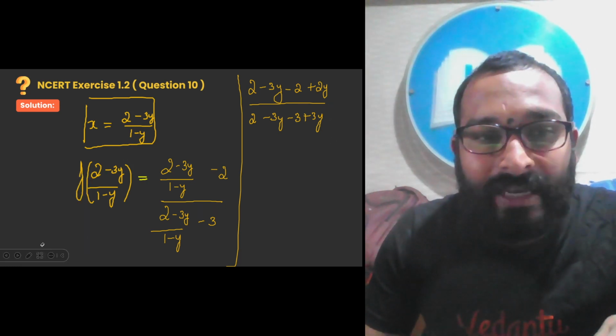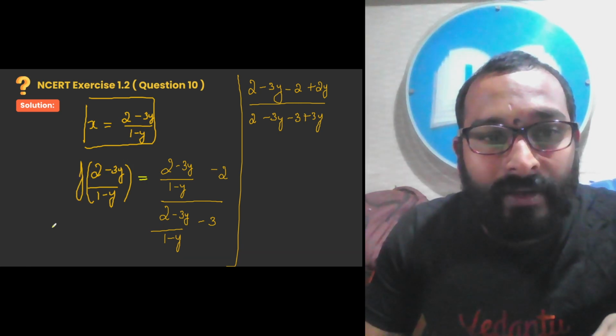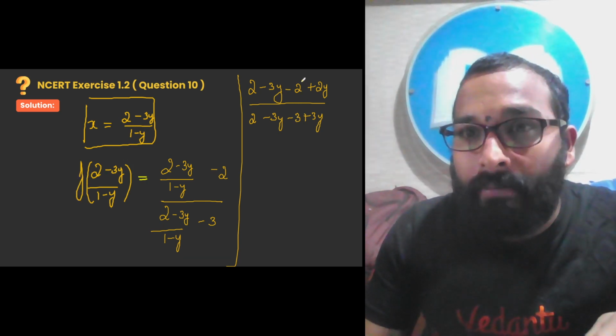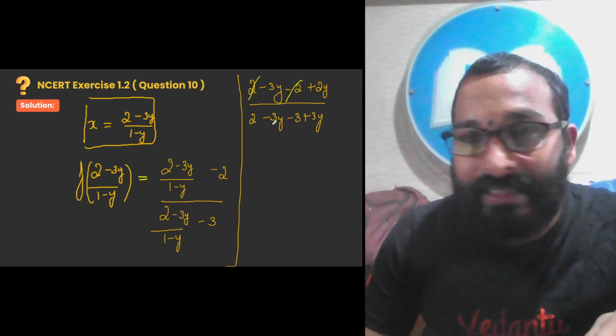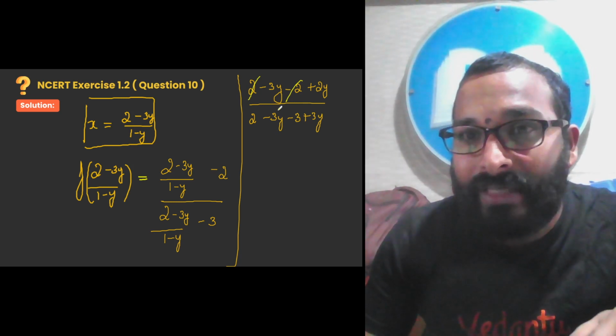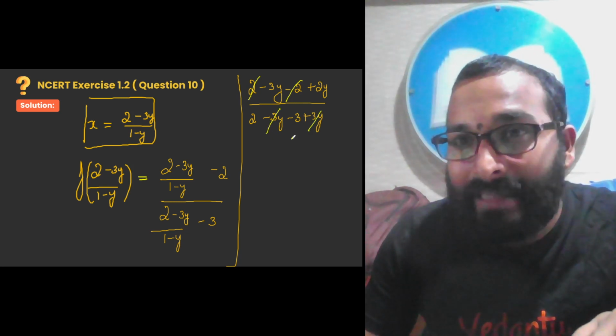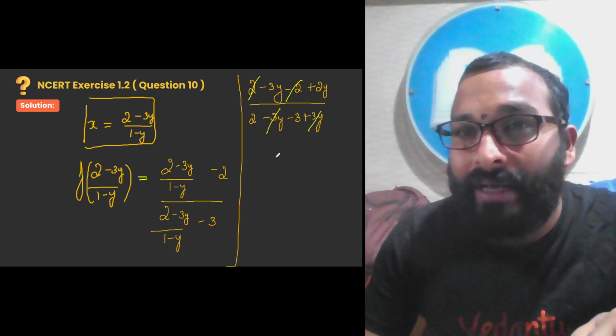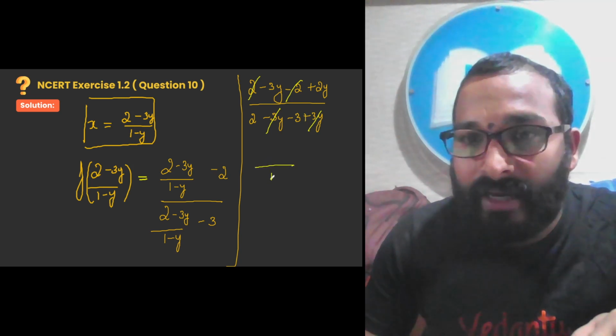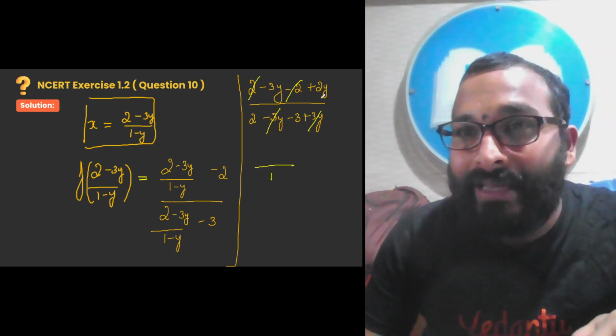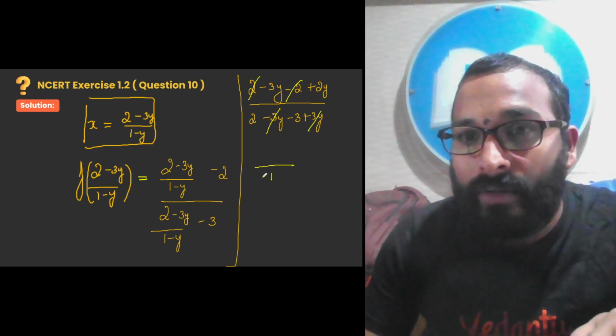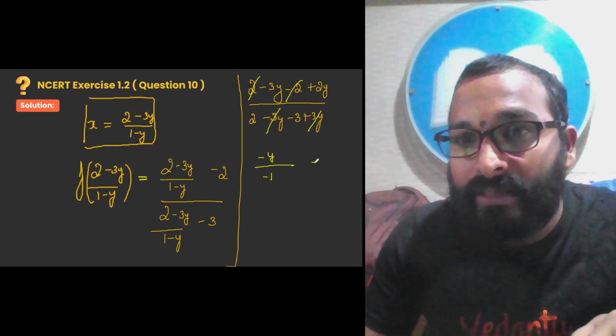Just observe this very, very carefully. After the step, you can see minus 2 plus 2 gets cancelled. And you can also see minus 3y plus 3y gets cancelled, and 2 minus 3 becomes minus 1 in the denominator. And in the numerator, minus 3y plus 2y is going to give you minus y.